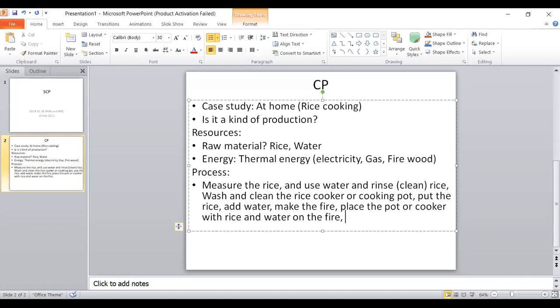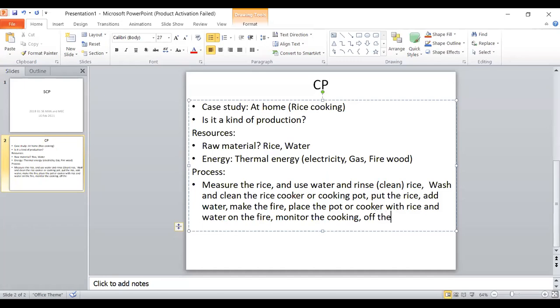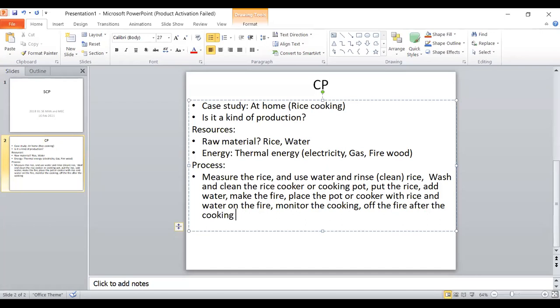After that, monitor the cooking. Turn off the fire after the cooking is done.